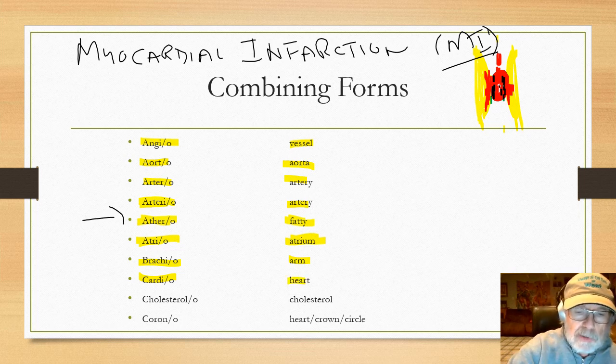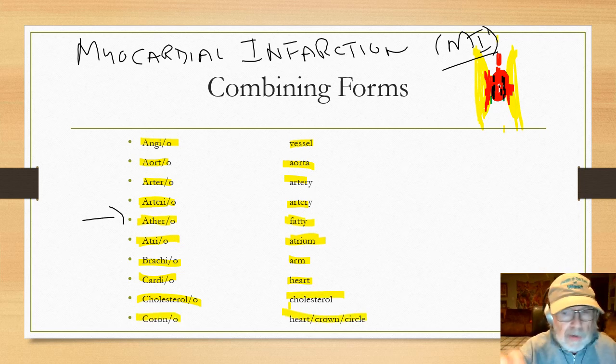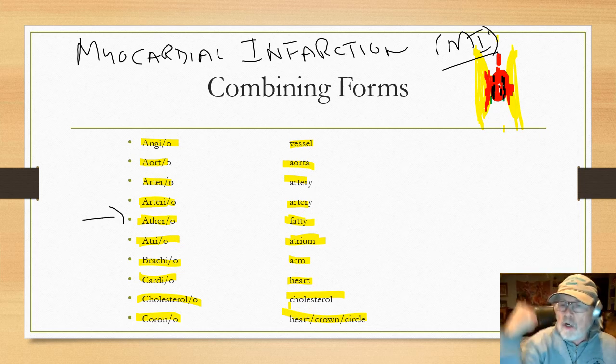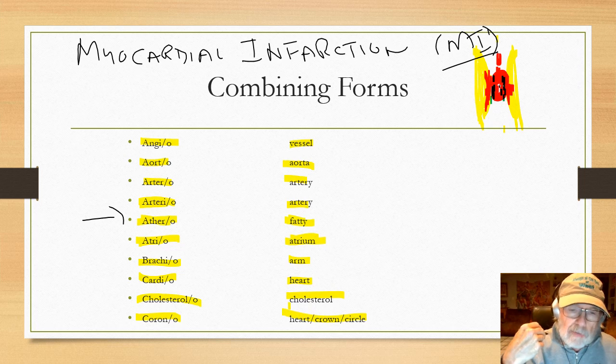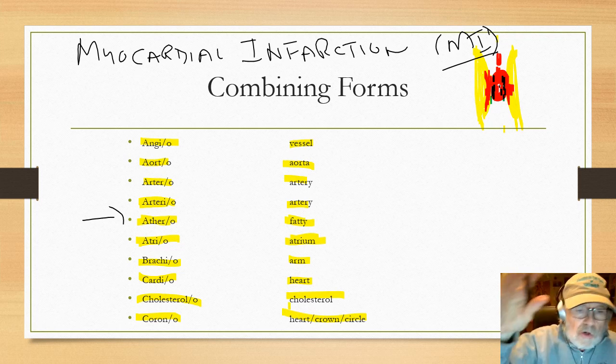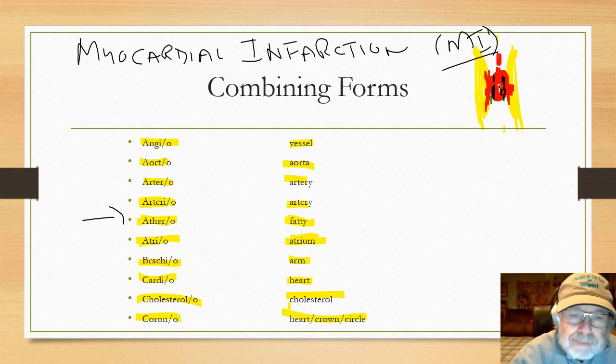Cardi, that's an easy one. We've had it so many times, which means heart. Cholesterol, do I even have to tell you? Yeah, cholesterol, obviously. Corona means crown or circle. If you look at a lot of biblical art, you'll see a corona around a head. The sun will have one around the outside. There's a corona around the sun. Okay.